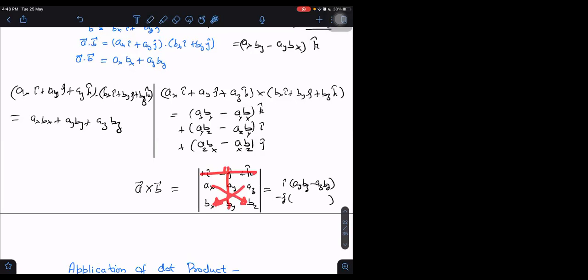Is it right or not? Yes. See here. AX BZ minus AZ BX. What is the third term, sir? Is there any reason for taking the third term negative, sir?